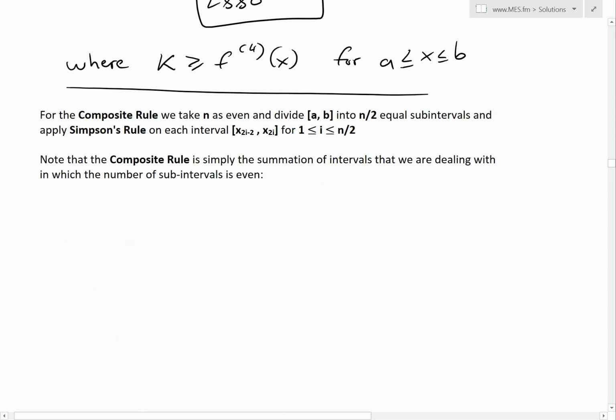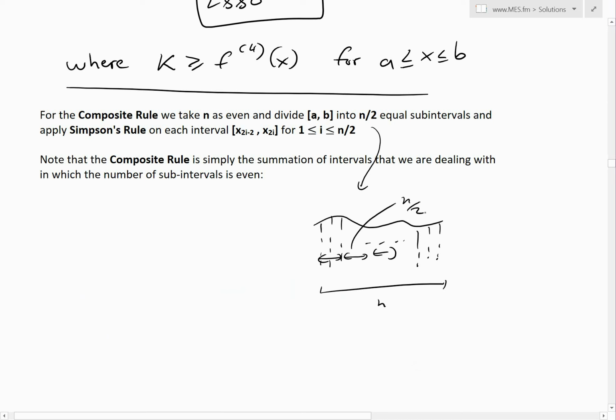So for example, if you had a function like this, with intervals like this all the way across, and this is n intervals, but we're dealing with every 2, so the total number is n over 2.